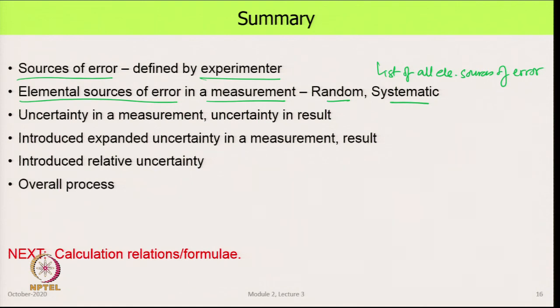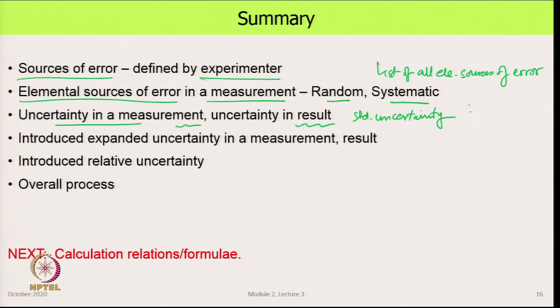Then for each of these elemental random and elemental systematic sources, we calculate the standard error associated with them. From that we get the uncertainty in a measurement, which is the standard error of the measurement, either in the measurement or the result.